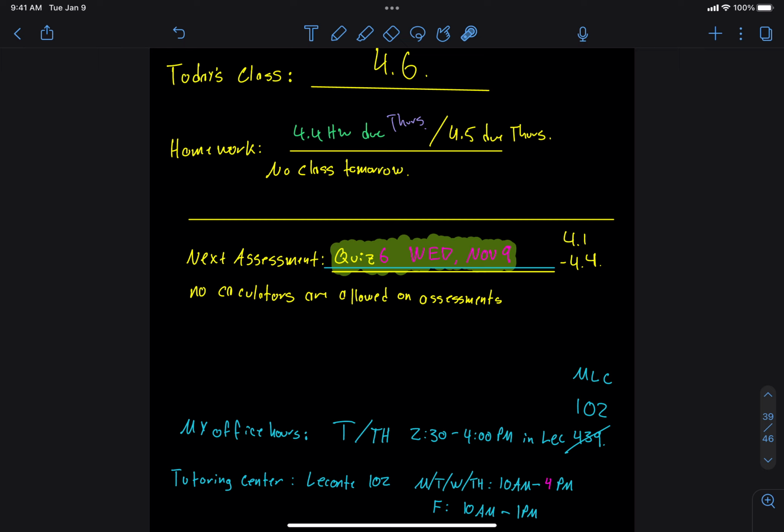Regarding Pearson, I noticed something really strange yesterday when I was looking at your homework grades. If there was an assignment that you did not start, it was not factoring that into your homework average. It was not assigning you a grade of 0 unless you had opened the homework assignment.